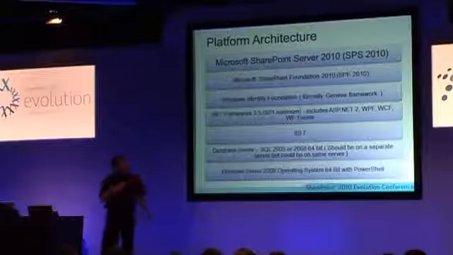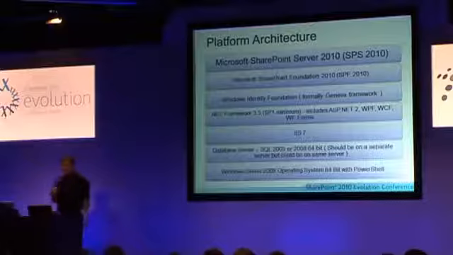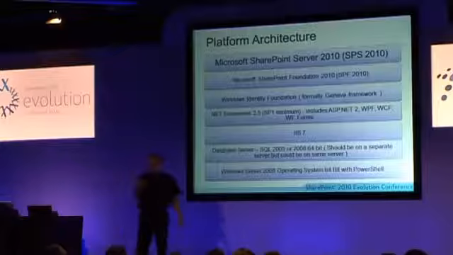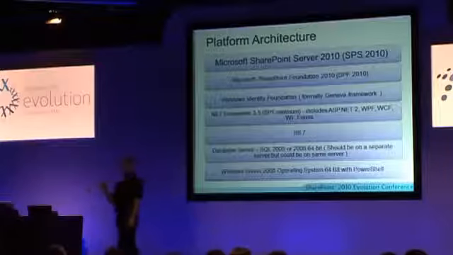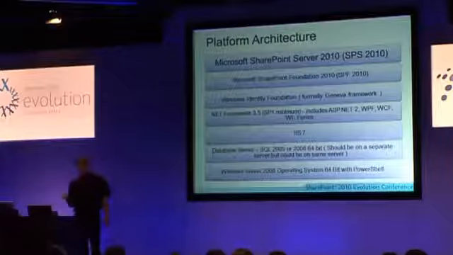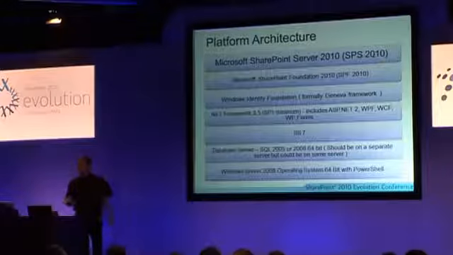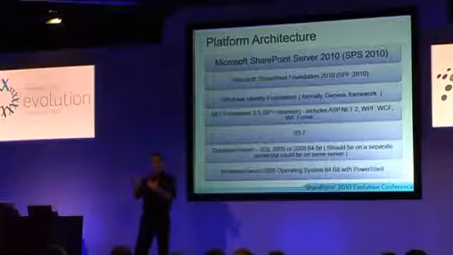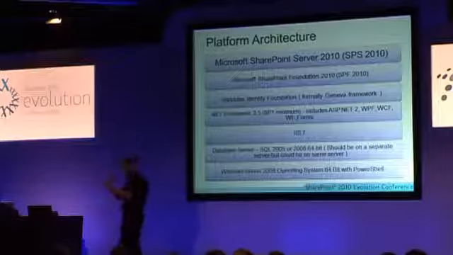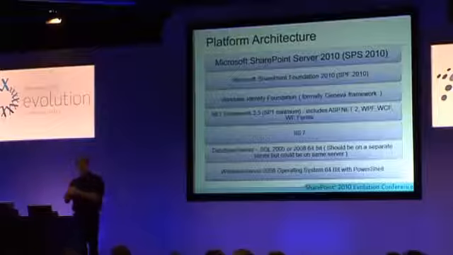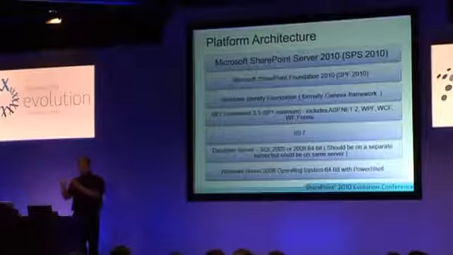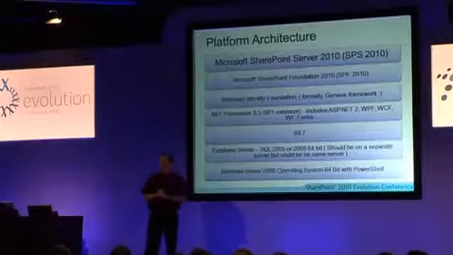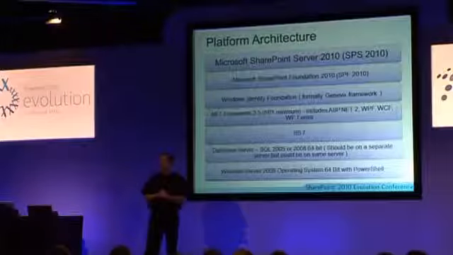We've also got the Geneva framework, as it used to be known, which is now the Identity Foundation. This is one of the critical components in one of the new 2010 feature sets called claims-based authentication. It's the ability for users to connect to our web application environment in many different ways, such as forms-based auth, Windows auth, basic auth, or whatever form of authentication you want to invoke, but have it all sent to SharePoint as a single point of reference for authentication.